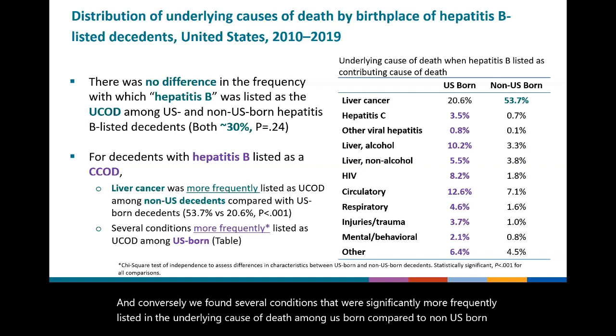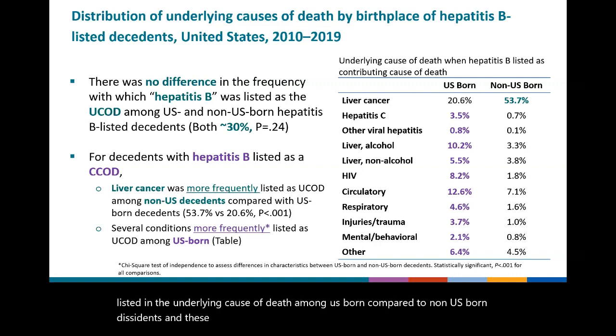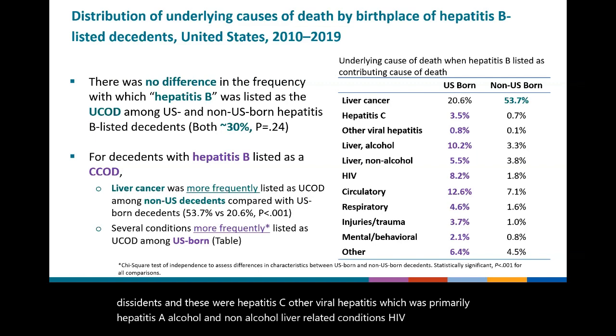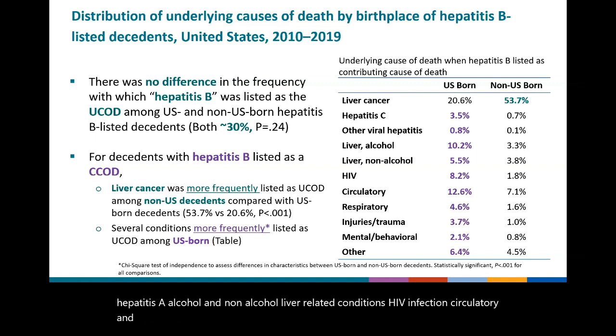And these were hepatitis C, other viral hepatitis, which was primarily hepatitis A, alcohol and non-alcohol liver-related conditions, HIV infection, circulatory and respiratory conditions, injuries or trauma, mental or behavioral health disorders, and other.